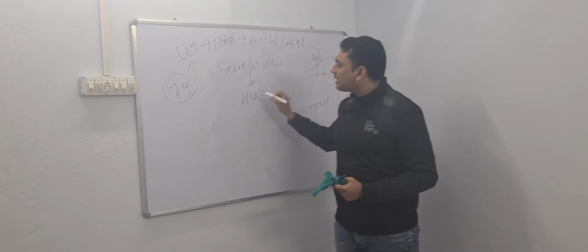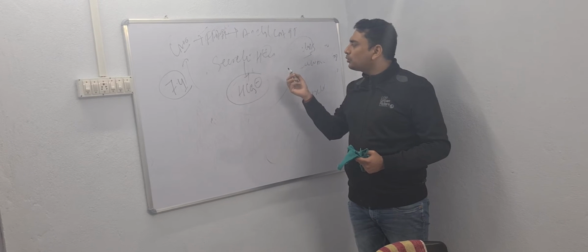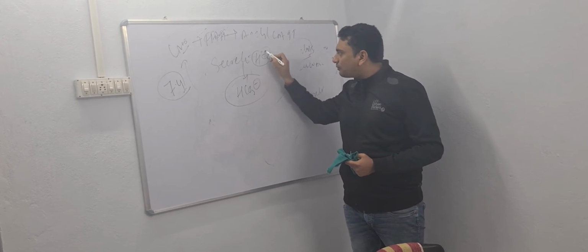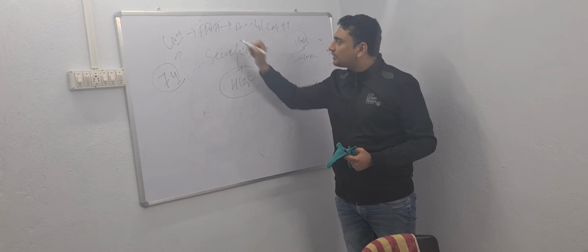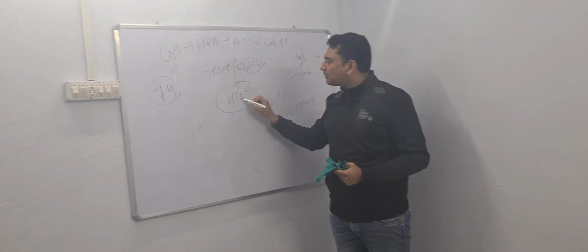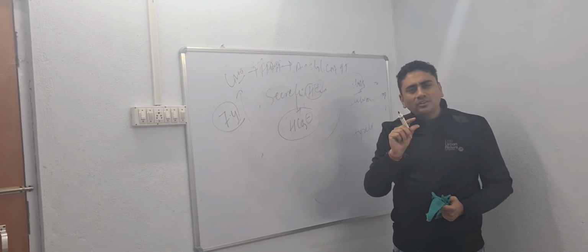So due to the excess H plus ion formation from the ketone bodies, this bicarbonate will be used up to neutralize the effect of H plus ion.